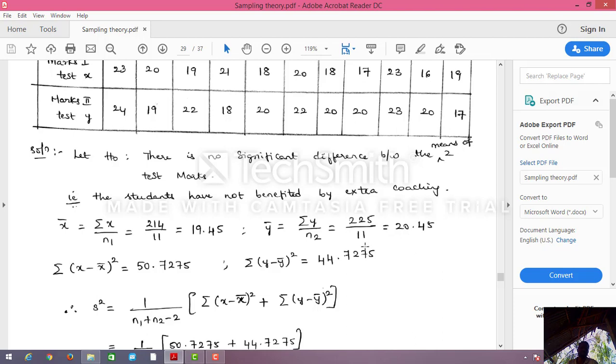If you add all this, you will get 44.7275.